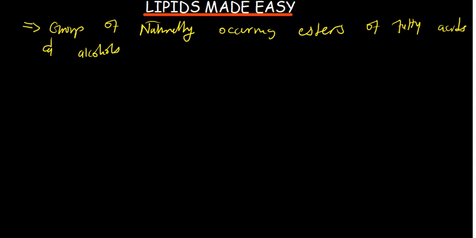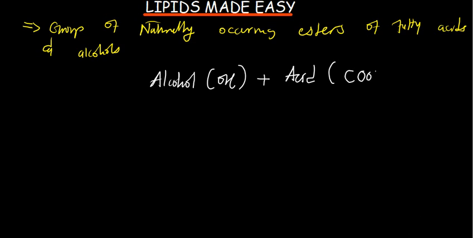Now, we are saying these are esters because an ester is a compound that is formed when the functional group of an alcohol, that is an OH, reacts with the functional group of an acid. The functional group of an acid is a carboxyl group, COOH, which we write as carbon double bonded to oxygen, and then OH.